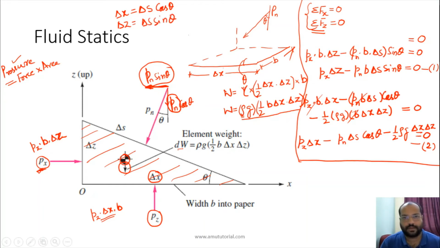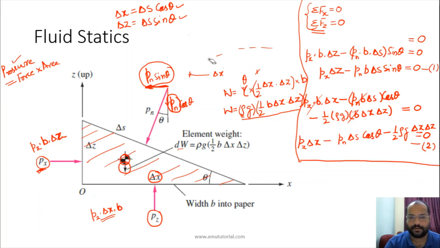We can write both delta x and delta z in terms of delta S like this. So we can put both of these values in equations 1 and 2 and see what we get. First let me clear all this.